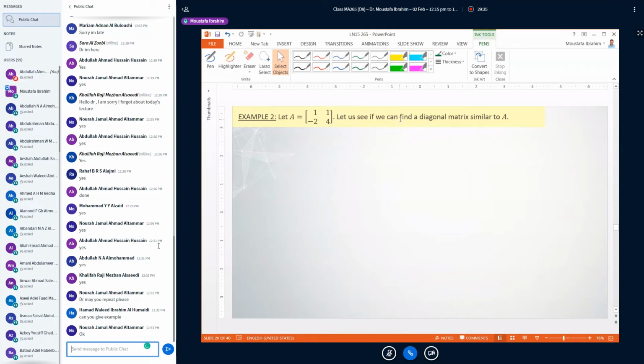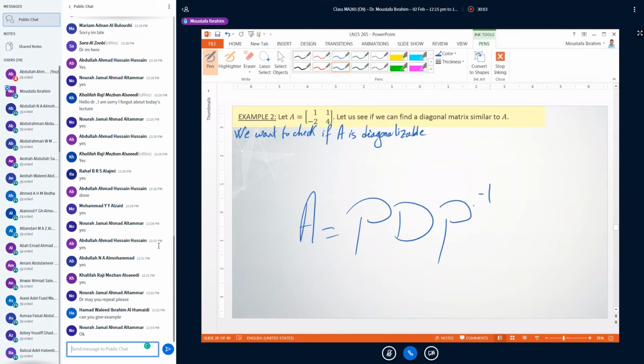We want to see if we can find a diagonal matrix similar to A. A is similar to a diagonal matrix means diagonalizable. We want to check if A is diagonalizable, meaning we can write A as P D P minus 1, and D is diagonal.